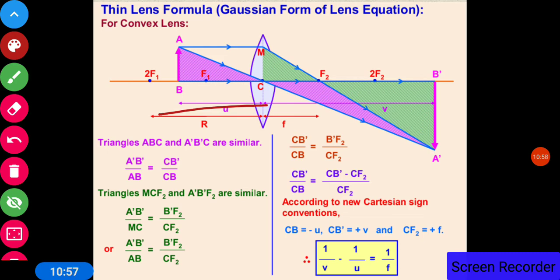So using the sign convention, we can say CB is equal to minus U, CB dash is plus V, and CF2 is equal to plus F. When we put all these values in this equation and rearrange, we get the result 1 upon V minus 1 upon U is equal to 1 upon F, which is known as the lens formula. So the lens formula is the same whether we derive it for the concave lens or convex lens. For both, the lens formula is the same, only the ray diagram will change.